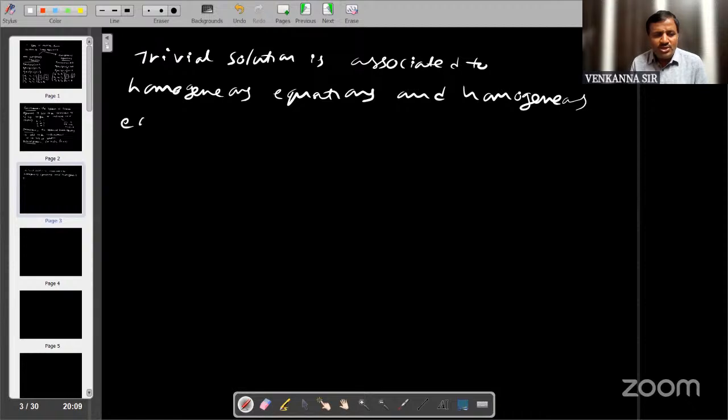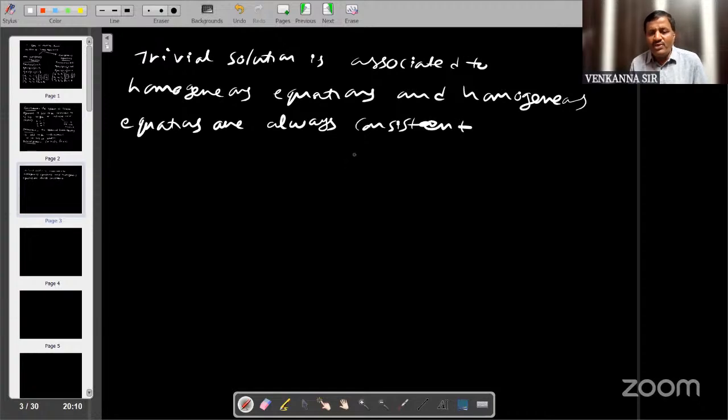So remember this: homogeneous equations are always consistent. So these are the different words: consistent, inconsistent, trivial solution.